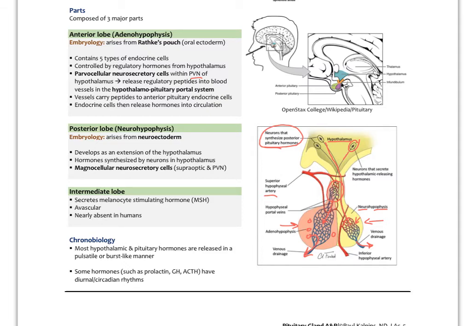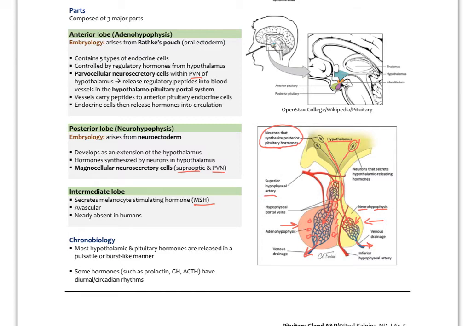Again, the neurosecretory cells are called magnocellular neurosecretory cells versus the parvocellular neurosecretory cells for the anterior pituitary, and they arise from the supraoptic and the paraventricular nucleus, as we discussed. And then there's an intermediate lobe between these two, and that secretes melanocyte stimulating hormone. This region is avascular, and it's very, very thin in humans, so we don't think it's particularly active in humans.